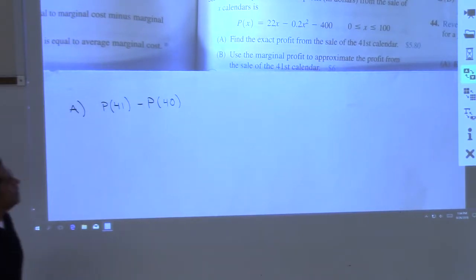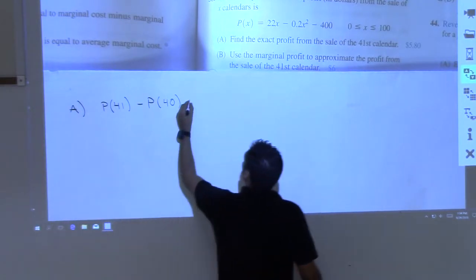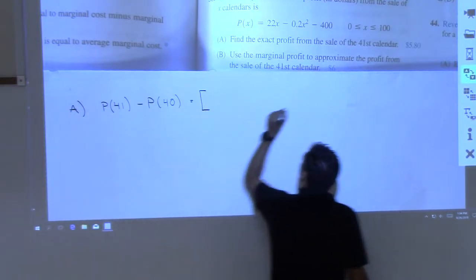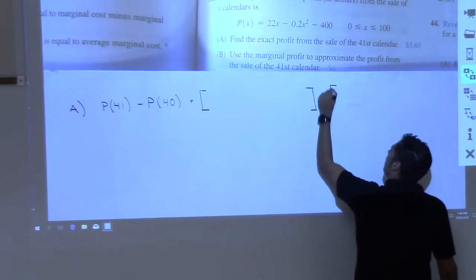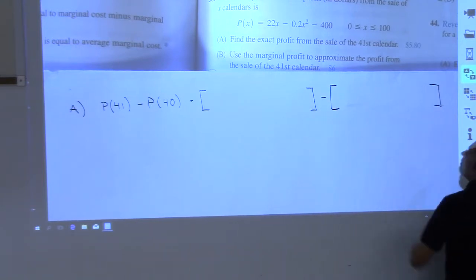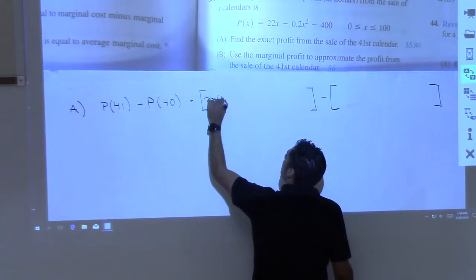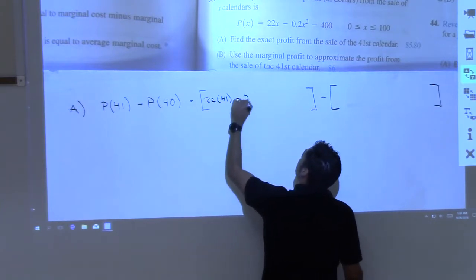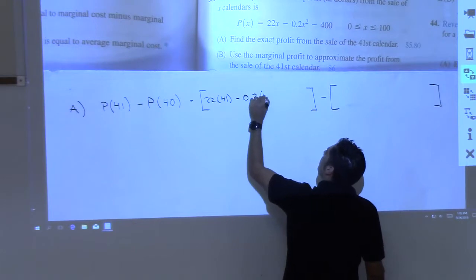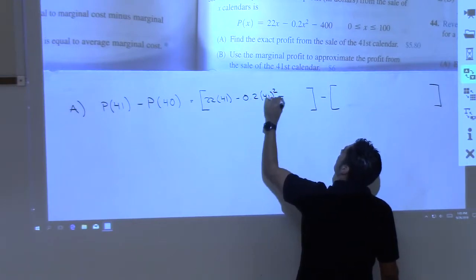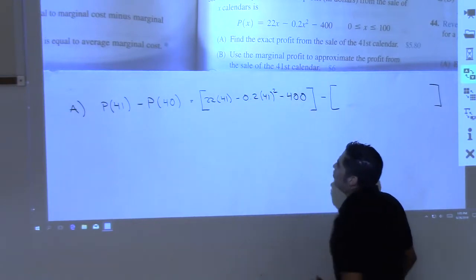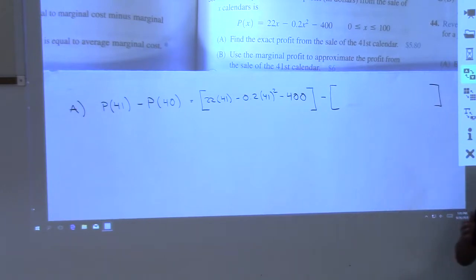All right, so we get to plug in. Great, wonderful. So this is going to be something here minus something here, like that. So we plug in 41 first. So it's 22 times 41 minus 0.2 times 41 squared minus 400. So this is just what we consider in math plug and chug. You're just plugging things in, chugging out the answer, right?